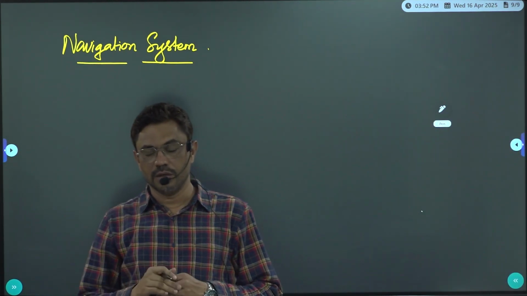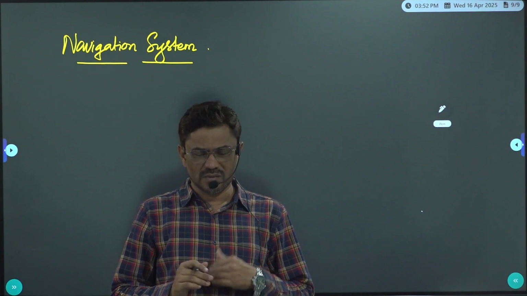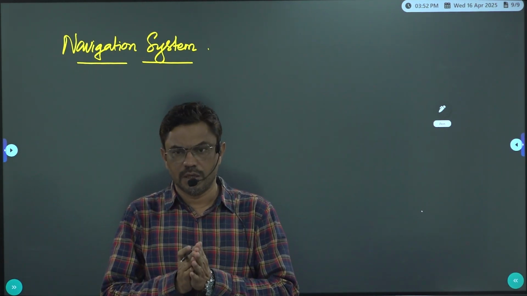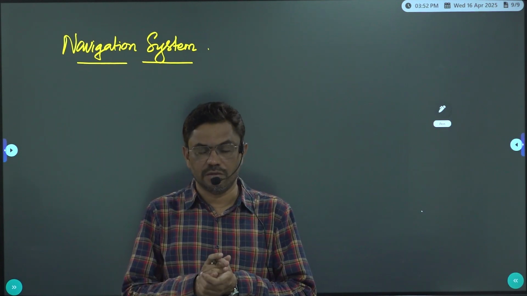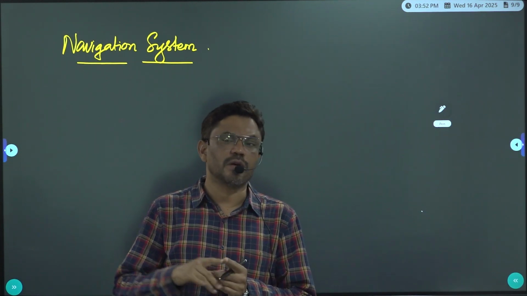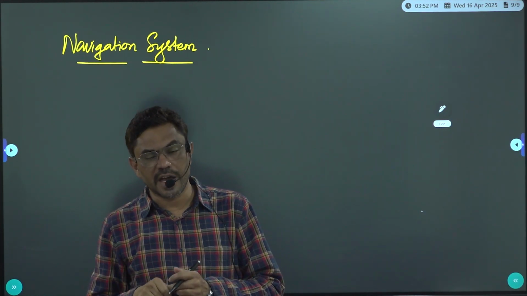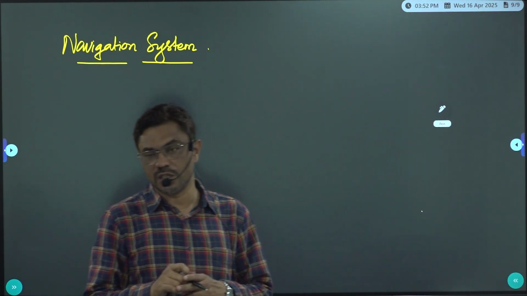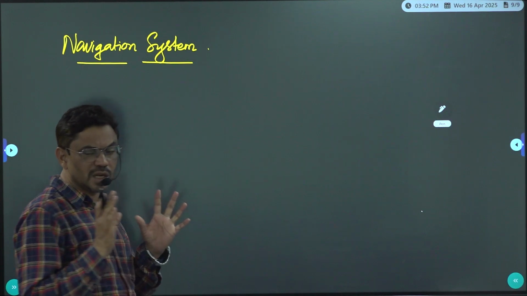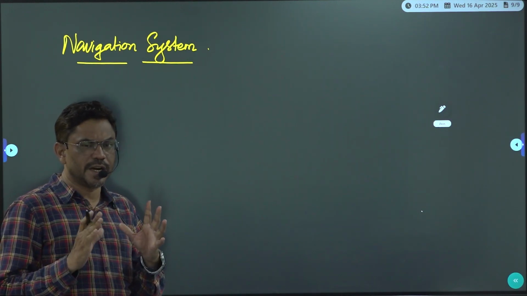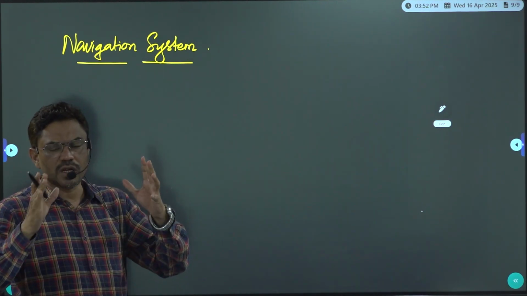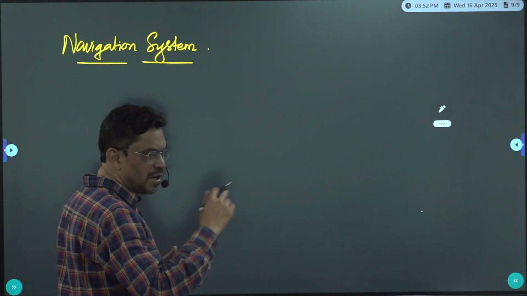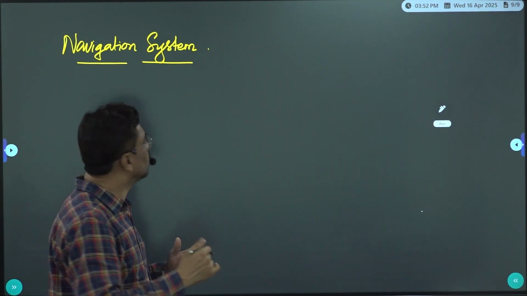So the navigation system is a satellite based system which aids in navigation, that means it provides accurate direction and accurate location of an object. Constellated means these satellites work together in harmony, and they calculate the time and distance between two objects.